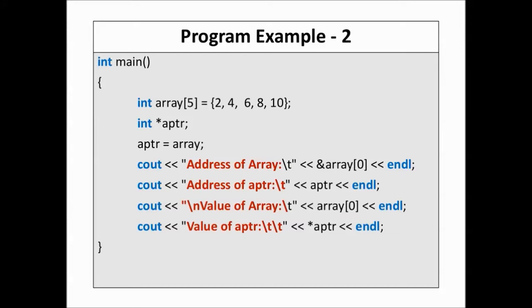Again we declare another array with 5 elements 2, 4, 6, 8 and 10, and we declare a pointer variable aptr. Then we assign the array to this aptr pointer, and we use cout to display the address of the first array element, the address of aptr, the value stored at the first element, and the value stored at the first element by using this pointer.